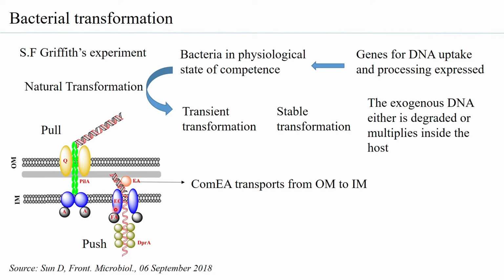Once it is present with ComEC, ComEC is able to translocate only a single strand from the double-stranded DNA. So it is going to push in a single-stranded DNA, and the other strand is degraded as ComEC has a nuclease activity too.